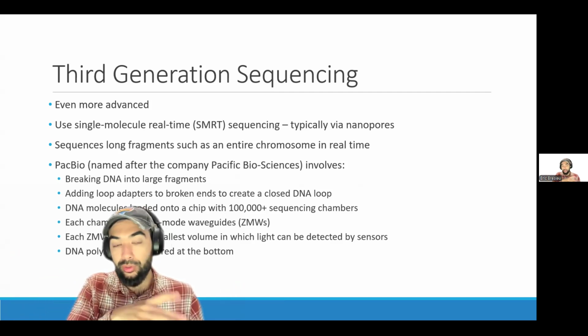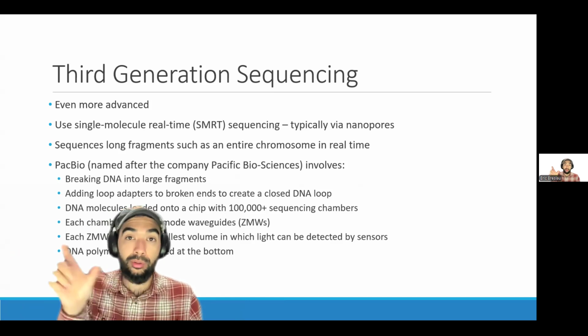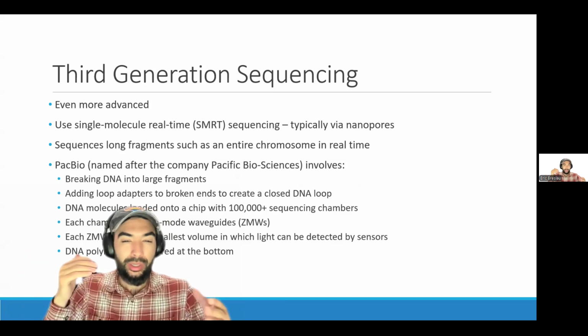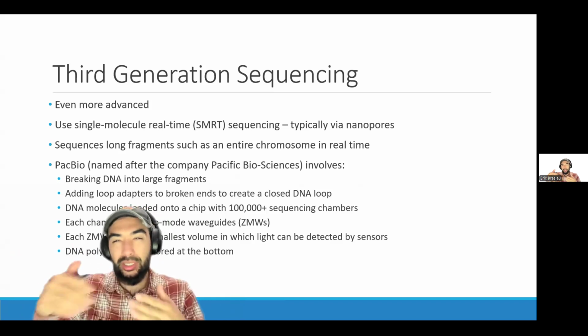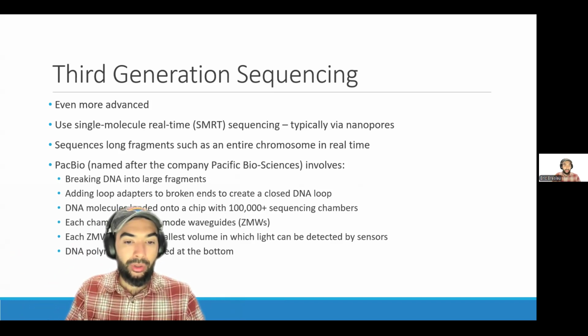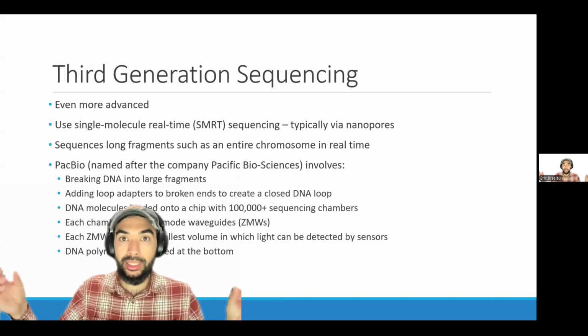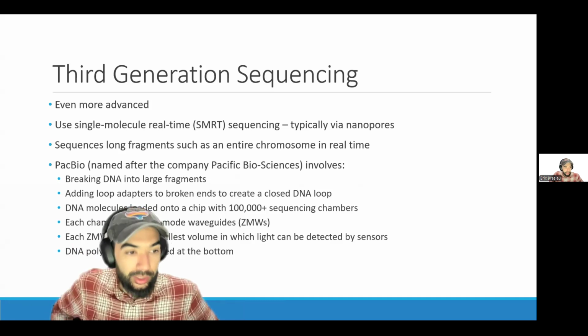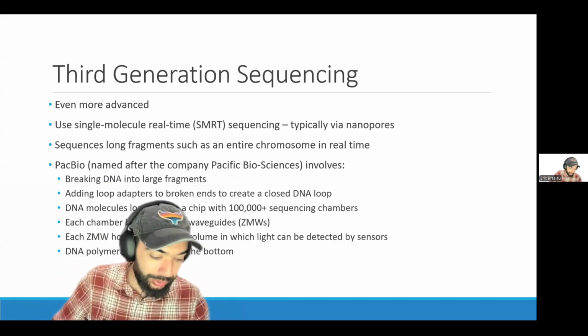Next generation sequencing relies on small fragments, little puzzle pieces you have to put together. Obviously it would be a lot easier if we could just sequence an entire chromosome as one piece without having to do that whole mapping system. That's where third generation sequencing really helps.